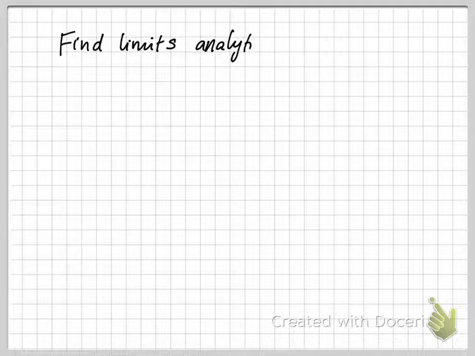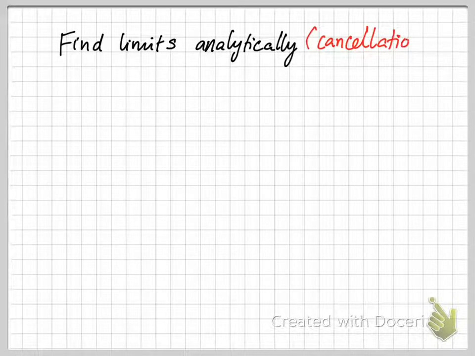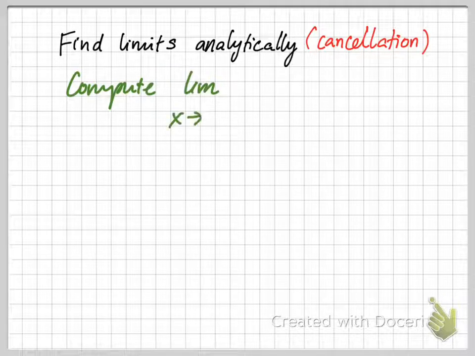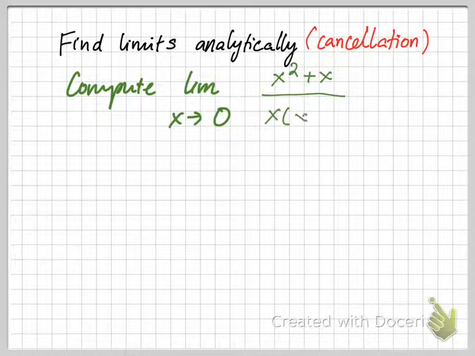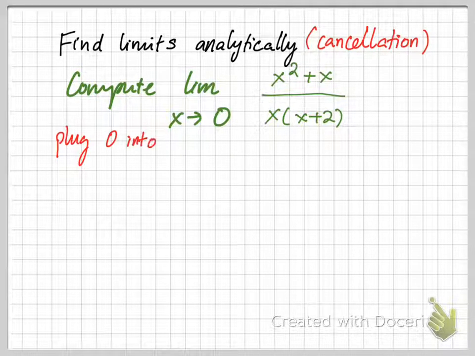Now, the last method, analytic. We have two different techniques in the analytic method. The first one is cancellation. Cancellation is used when you are asked to compute a limit of a function as x goes to 0, but you're having a hard time finding the limit using direct substitution.